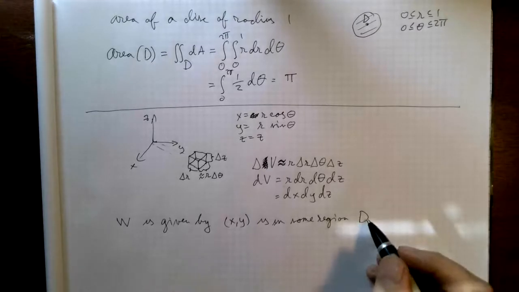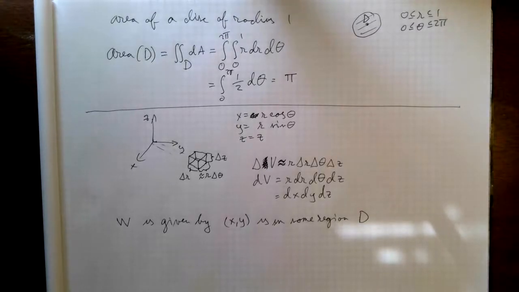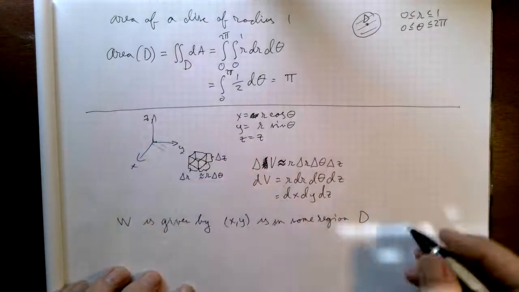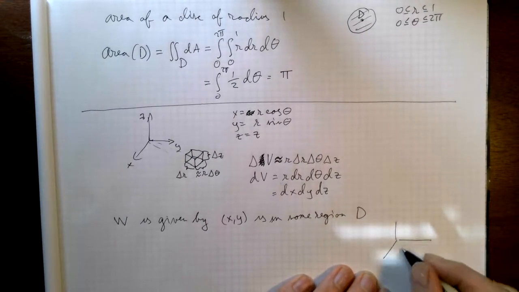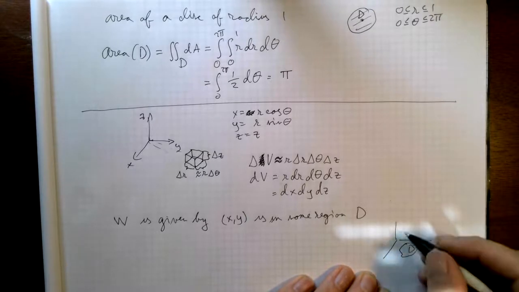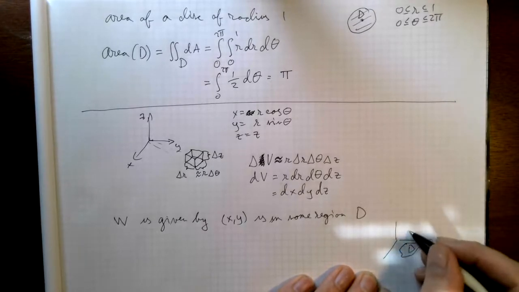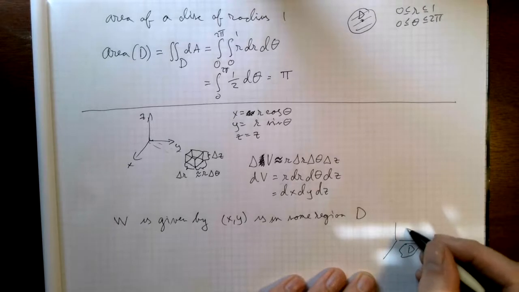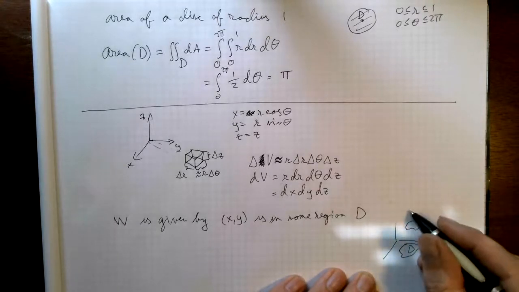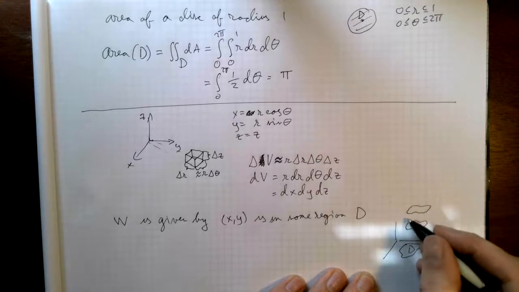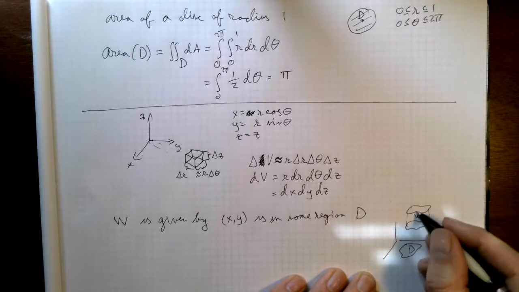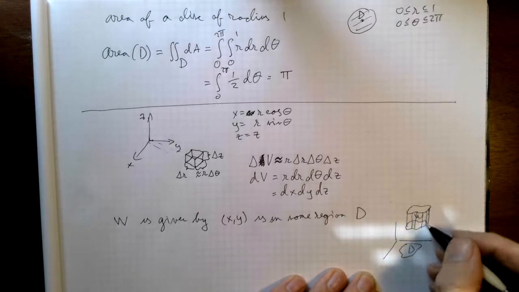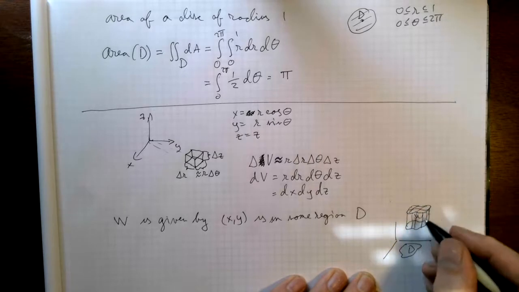So this is the region in the plane, right? It's some region. Let me maybe draw it over here. We have some region D in the plane, and then we're going to have a graph of two functions over here, and our W is going to be what's in between these two graphs, right?